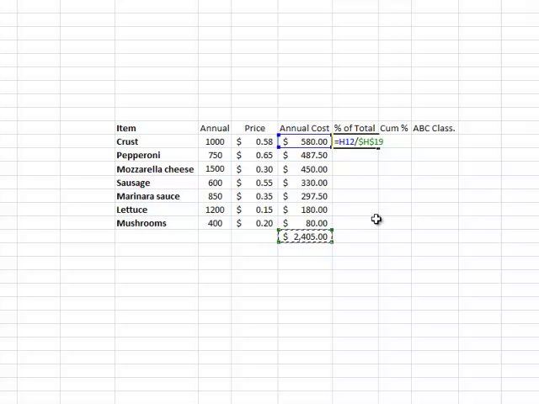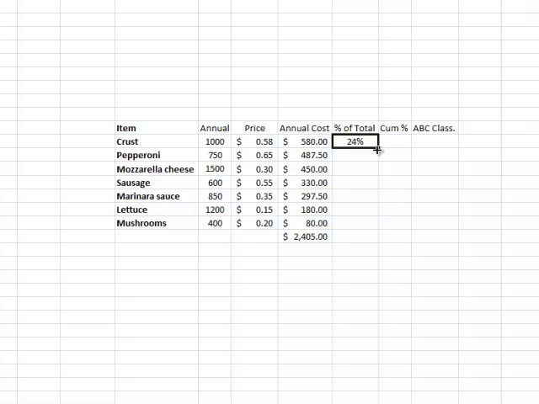When I copy that cell all the way down, that ensures that I'm always dividing by the total. I need to convert that to a percentage, which I'm going to do. So now that is a percent: 24% of my annual inventory is invested in this one item of crust.